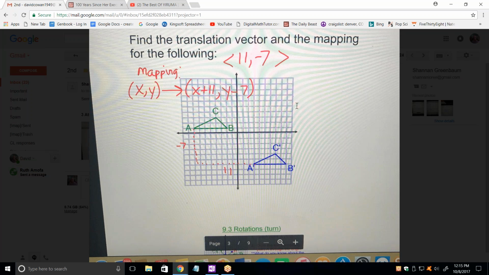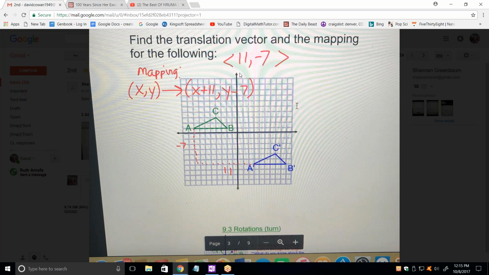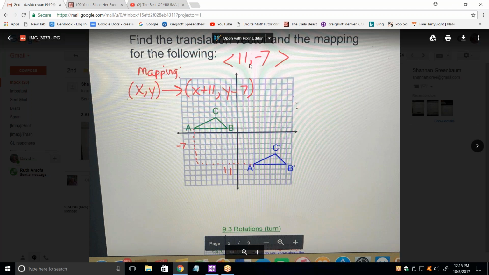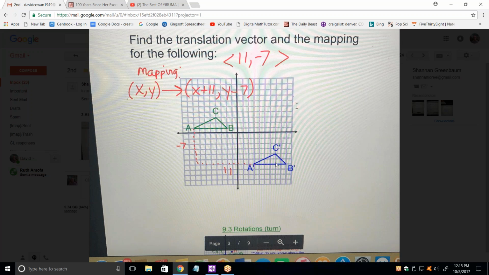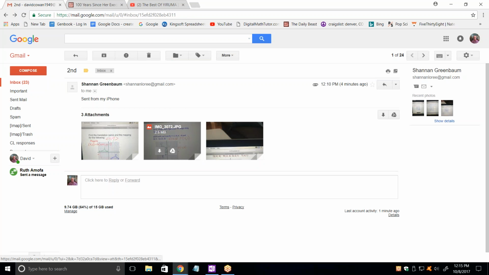They're just showing you what they're doing here. They're taking the green triangle and translating it by that vector, 11 units to the right, 7 units down, to get the blue triangle. You with me? All right, let's go to the second page.